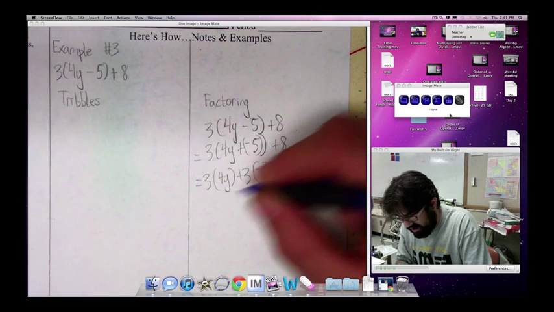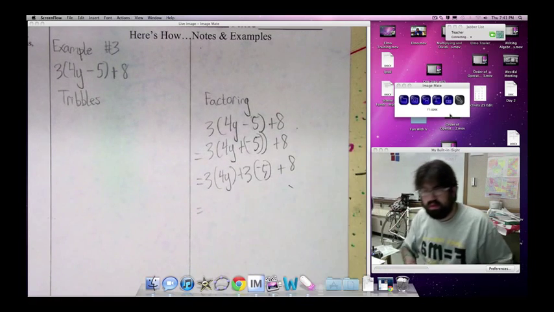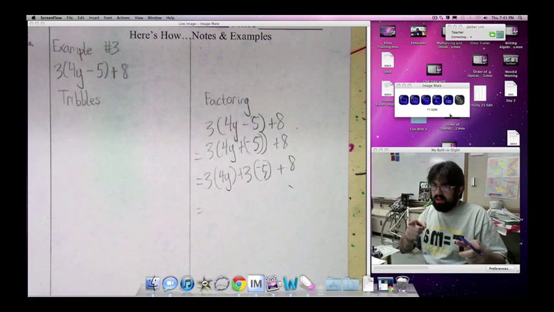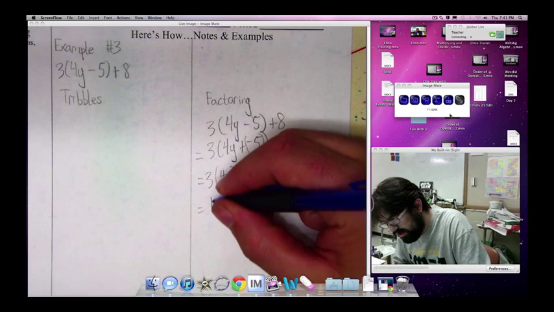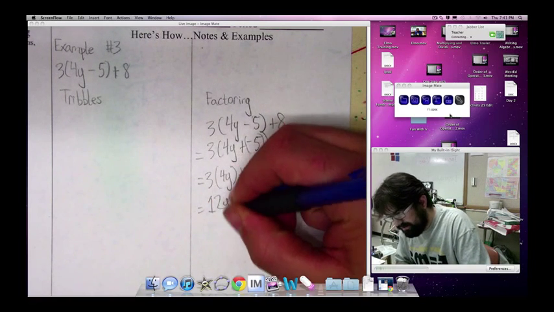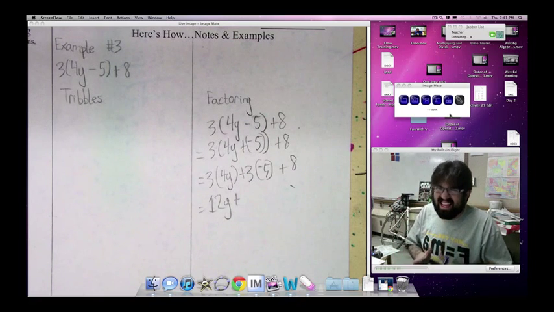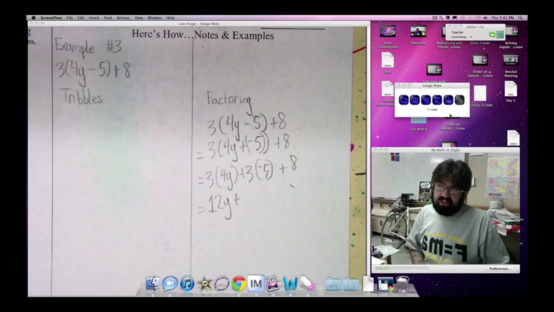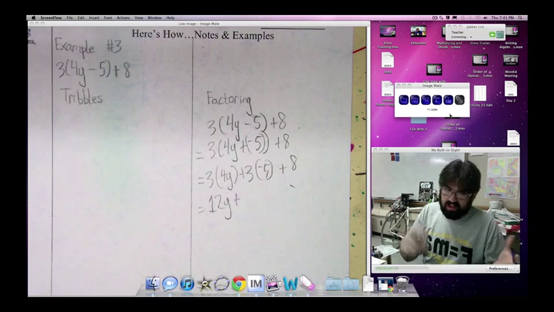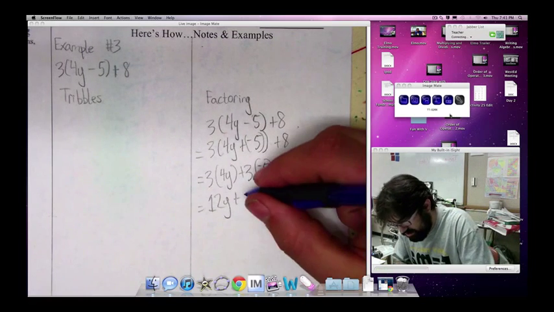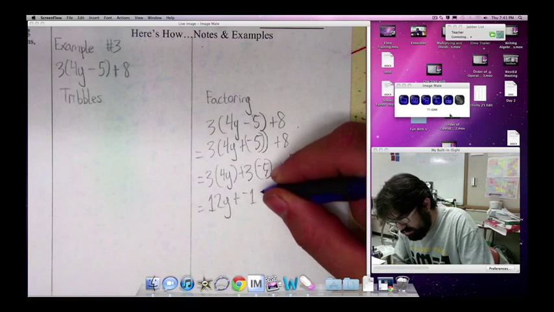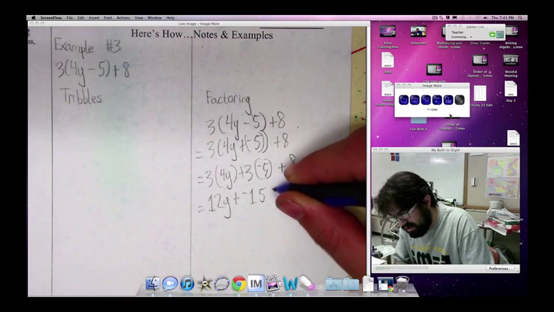Negative 5 goes in that one. 3 times 4 is 12y plus 3 times negative 5. Well, 3 times 5 is 15, and a positive times a negative is a negative. Plus 8.